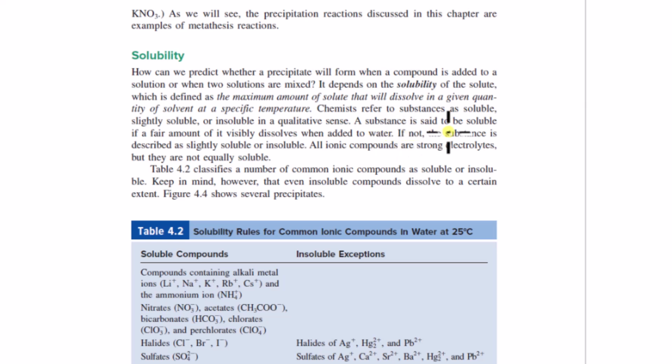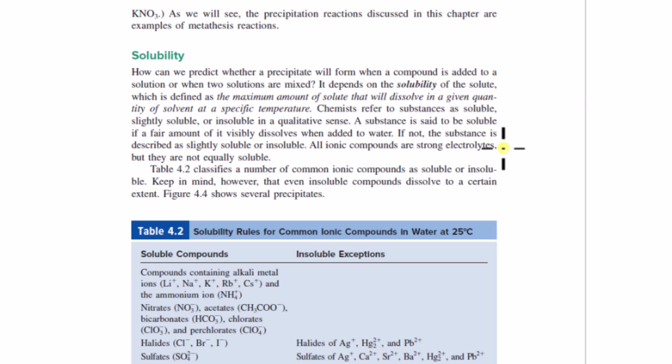A substance is said to be soluble if a fair amount of it visibly dissolves when added to water. If not, the substance is described as slightly soluble or insoluble. Yeah, so there you go. Insoluble is more of a qualitative description. It doesn't mean that if something is insoluble, absolutely none of the substance dissolves whatsoever.